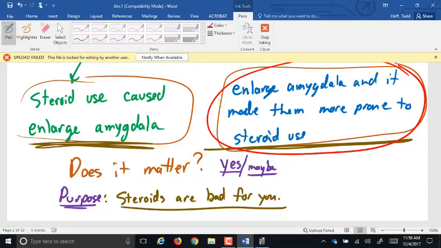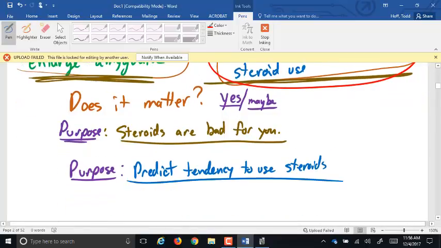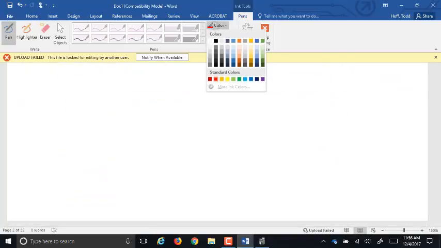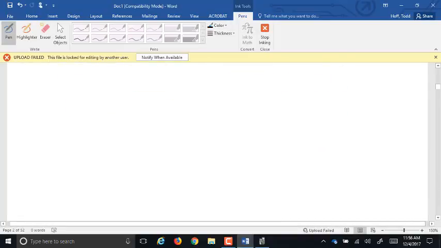If you're trying to predict the likelihood that someone is going to become a long-term steroid user, we could scan their brain, and if it really was true that the enlarged amygdala made them more prone to it, we could coach all the people with enlarged amygdalas on avoiding steroid use, since they're the high-risk population. So yeah, it does make a big difference which one is true, depending on what the purpose of the study really is.